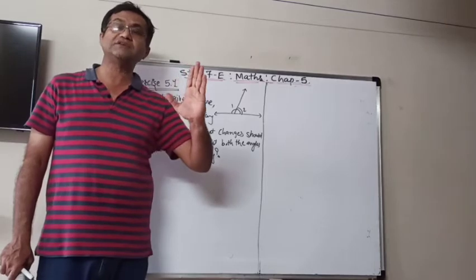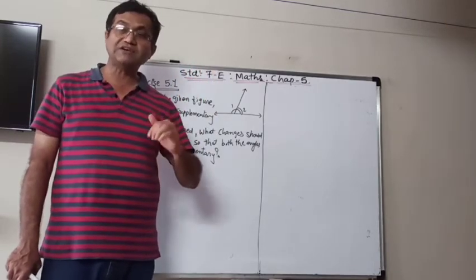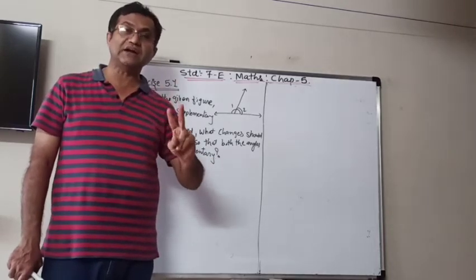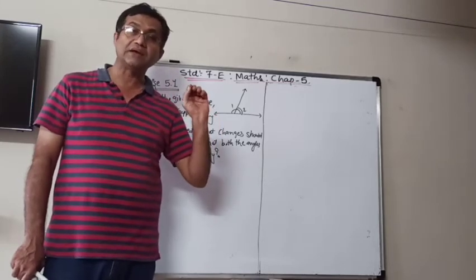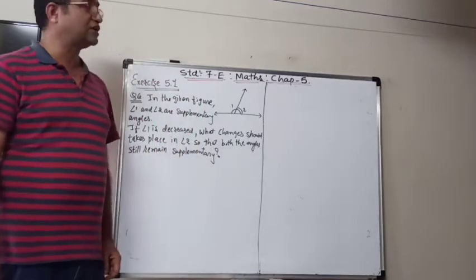So here angle 1 is going to be decreased. Then what changes will be there in angle 2 such that both angles will still remain supplementary? Means sum of them will be still 180 degree.